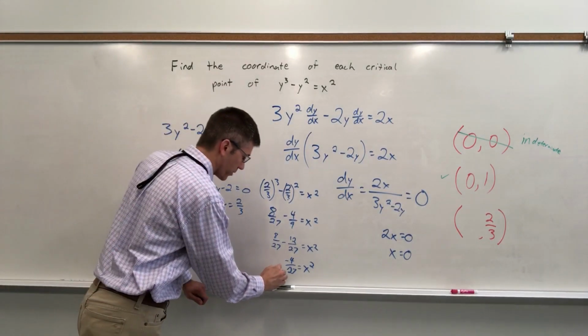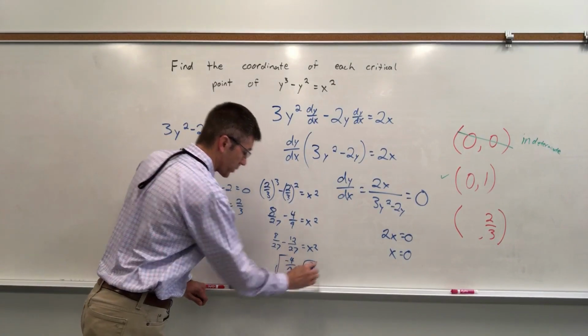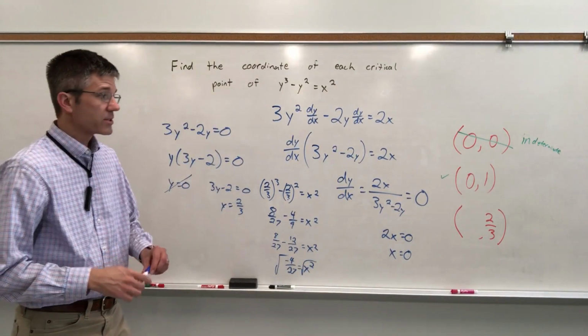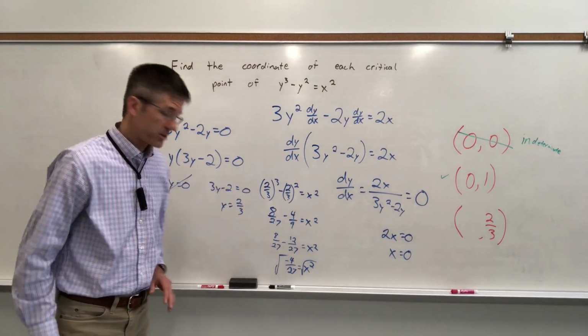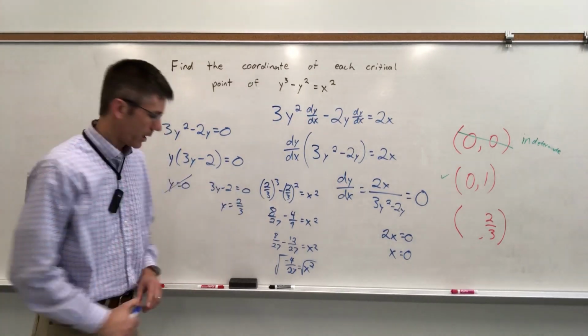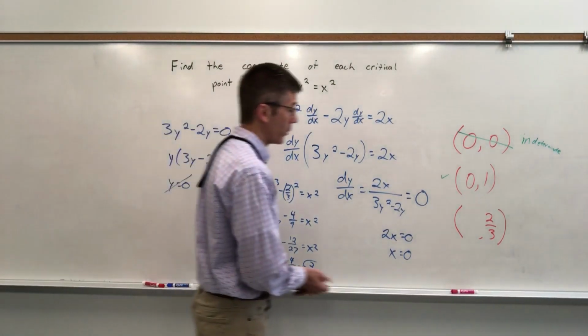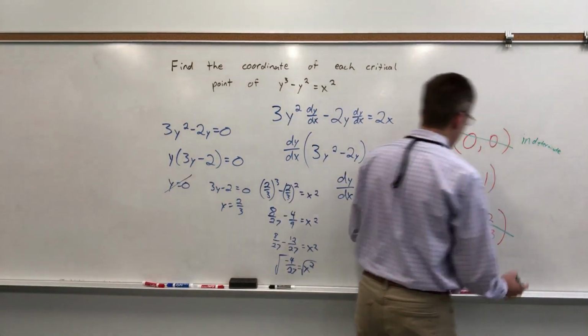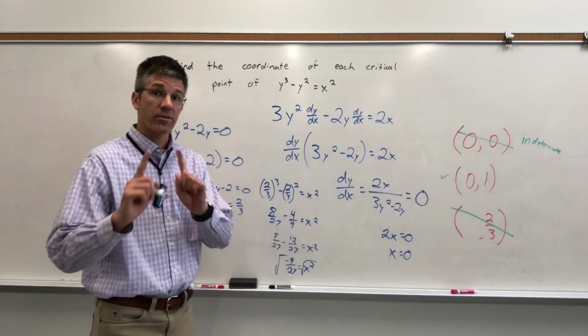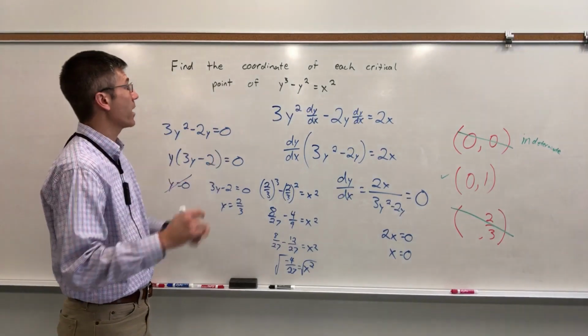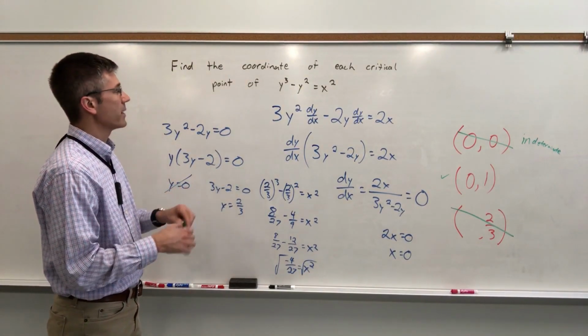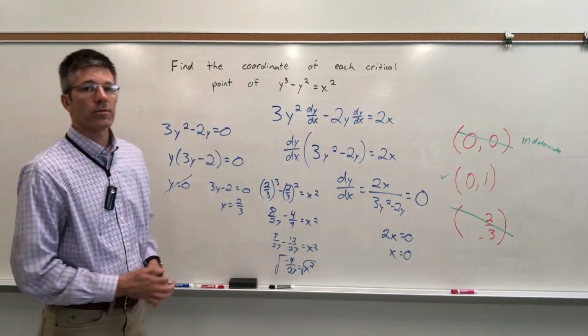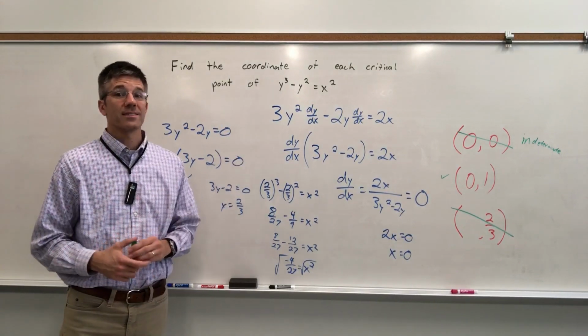As we take the square root of this, we realize we're taking the square root of a negative number. So we just played with imaginary numbers. No, not in this class. So we didn't even finish this one, but no. This is the only critical point, x and y value, the coordinate, that is a critical point for this equation that is not a function.